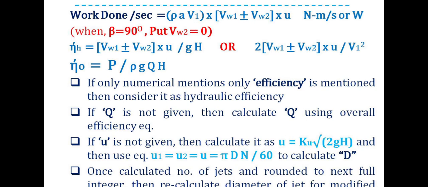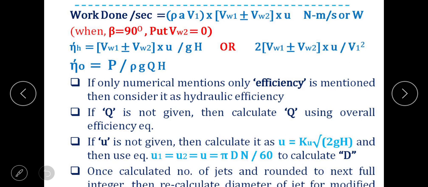Work done per second is equal to ρ A V1 multiplied by (Vw1 plus or minus Vw2) multiplied by u, in newton meter per second or watts. When β is equal to 90 degrees, put Vw2 equal to 0.